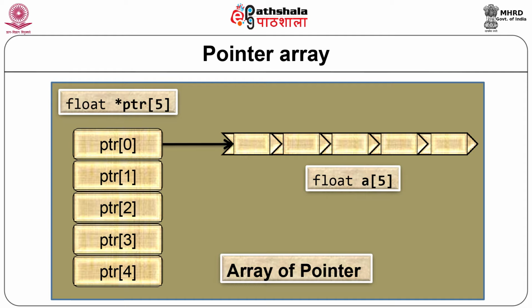So, the first element of the array is pointer 0, the second element will be pointer 1, the third element will be pointer 2, the fourth will be pointer 3, and the fifth will be pointer 4. This is called an array of pointers. Instead of storing direct values in the array, here we are storing memory addresses of the pointers in the array.